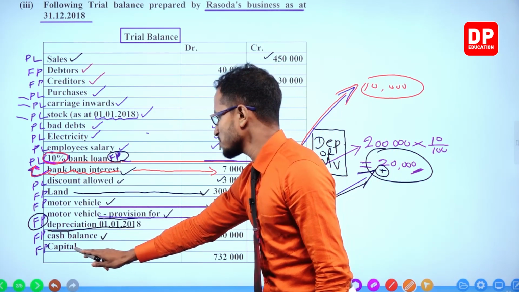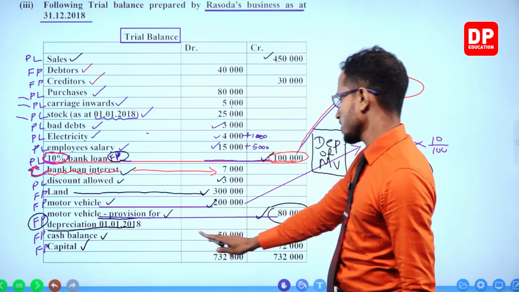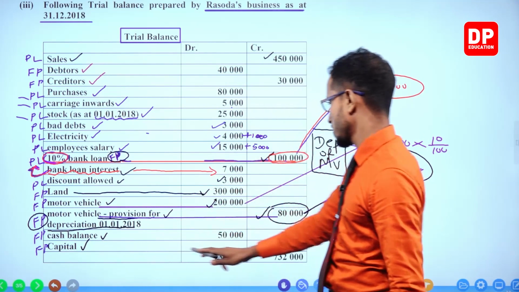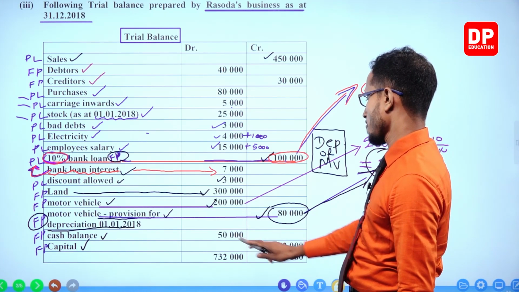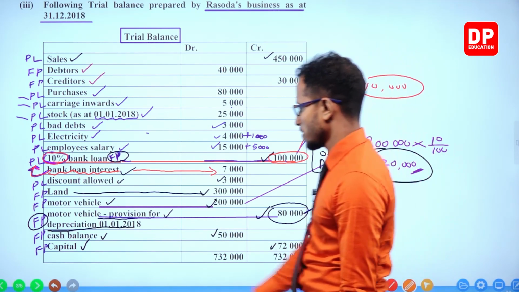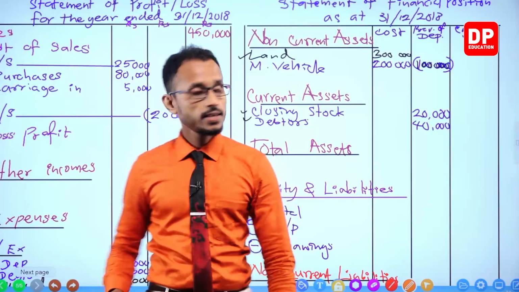Last two, cash balance, take it to SOFP, and capital also to SOFP. Cash balance 50, capital 72, both in the SOFP.